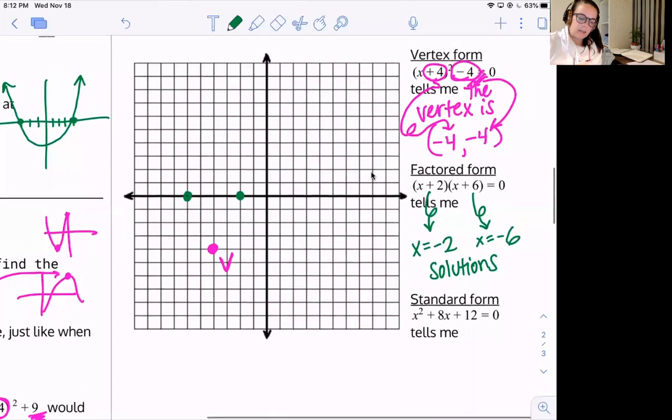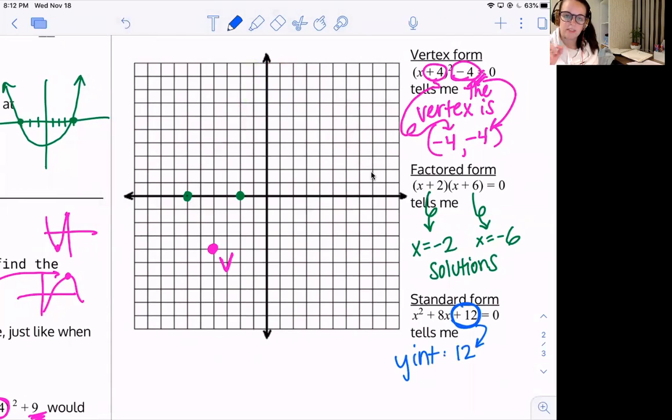And then finally, my standard form tells me my y-intercept. Remember, my y-intercept is 12, the last number, the c by itself. And then it also tells me from the front part here, this is positive, so it opens up.